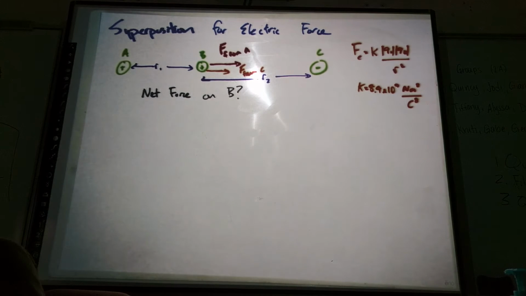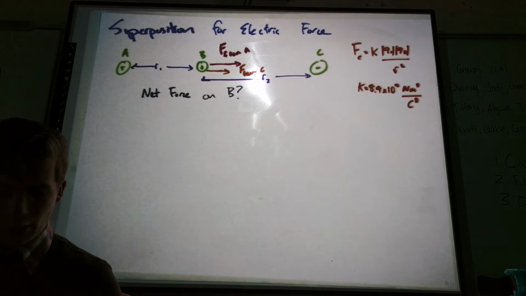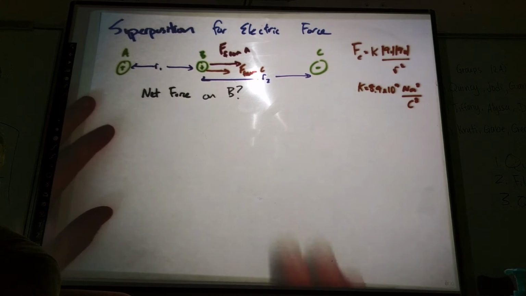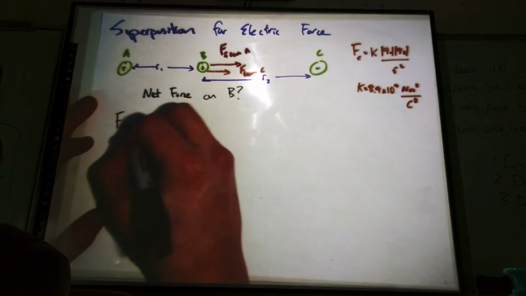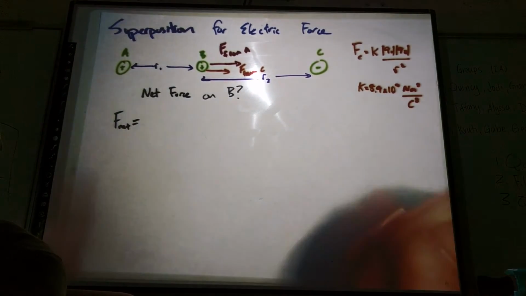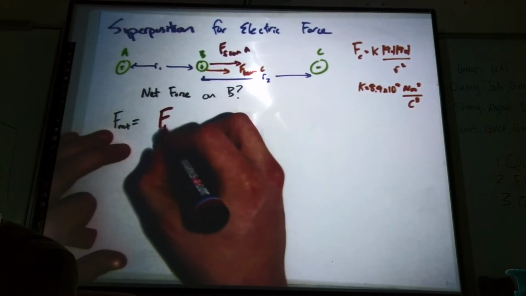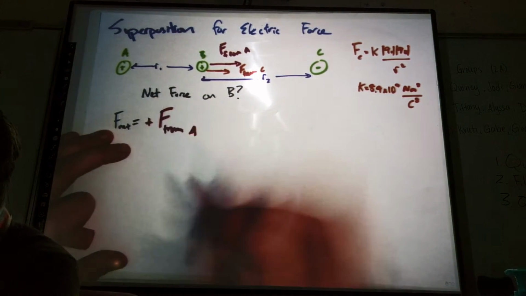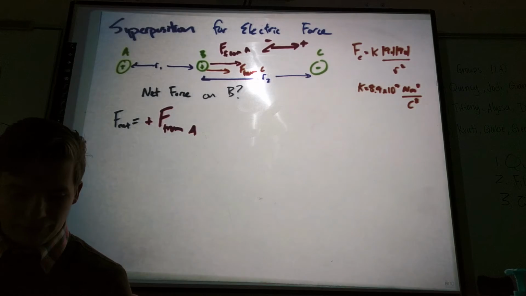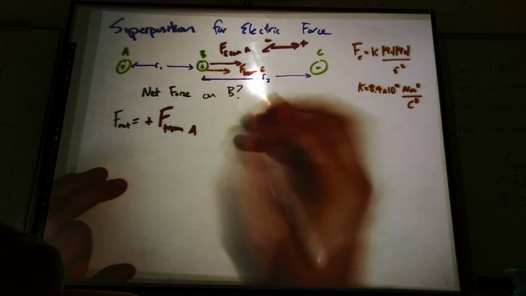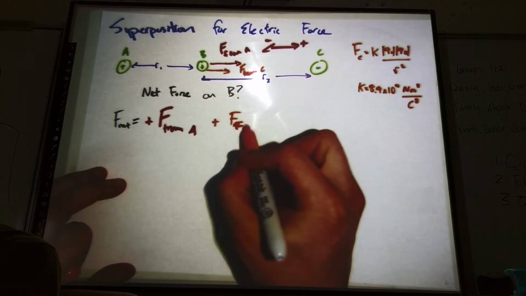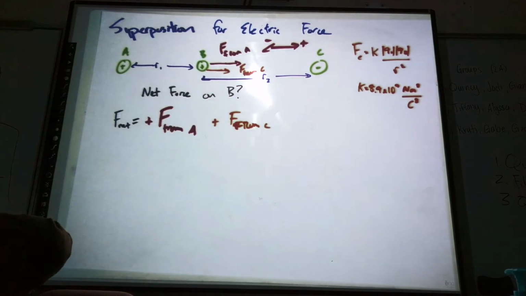So let's keep everything in variable form right now, and then we'll switch over and put in some actual quantitative values in a minute. So net force is just going to be the F from A, and I'm going to call this direction positive and that direction negative. So F from A, and I'm also going to add the force from C. So two forces there.